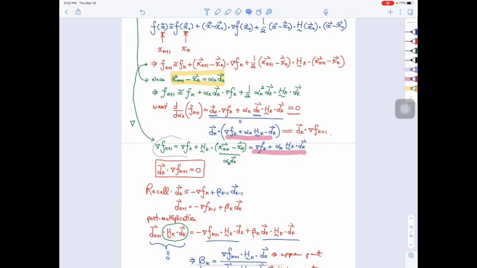Now we want to make this whole thing 0 as well. So how do we make it 0? We need to do another recall and plug in. Let's recall gradient f. Recall this one, it's right here.